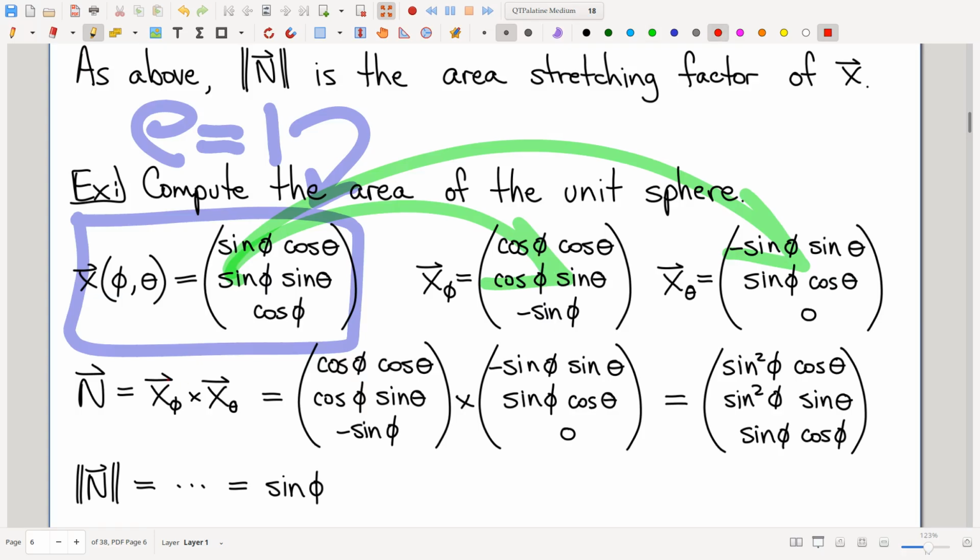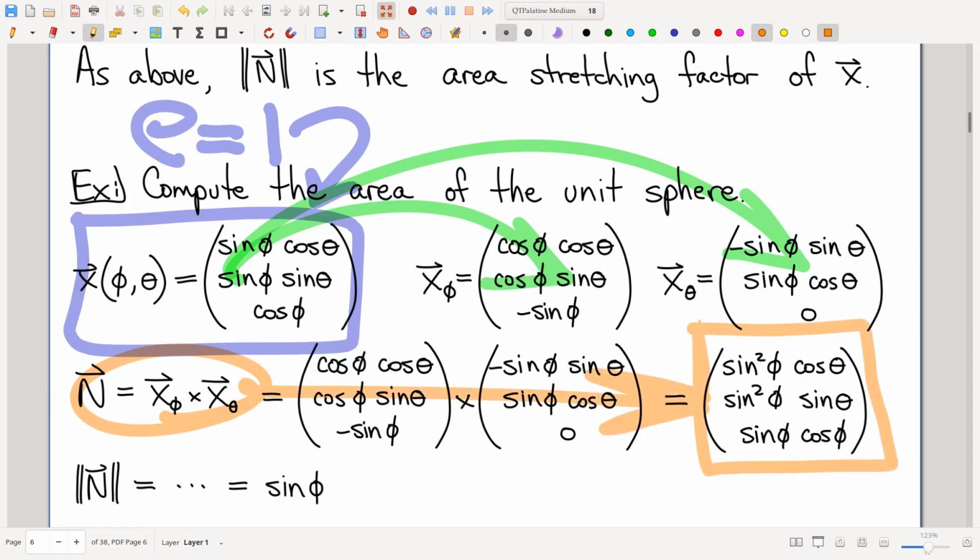We do the cross product. There's a lot of yada yada yada on that. Make sure you remember how to do cross products. Make sure you are good enough with the trig to be able to put that all together. And this is what you'll end up with when you do that cross product.